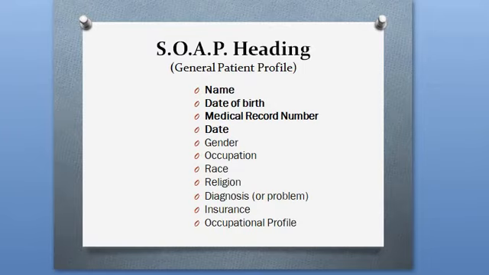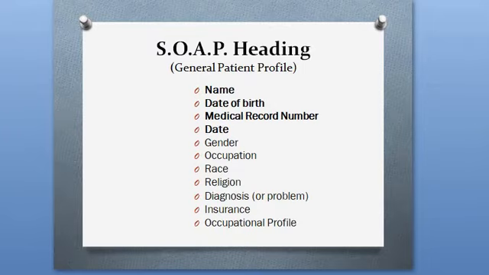Usually on the evaluation forms, you would add the gender, occupation, race, religion, diagnosis, insurance, and occupational profile. We talked about the occupational profile on the second day of lab, so I'm not going to go into that too much. We have another slide on it. We know you don't always write it all out, but it's part of your evaluation as a whole.